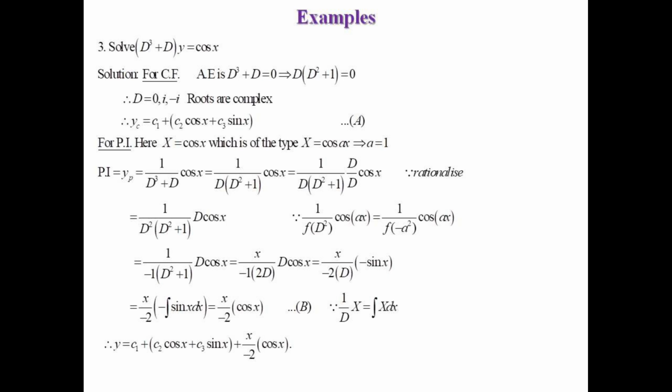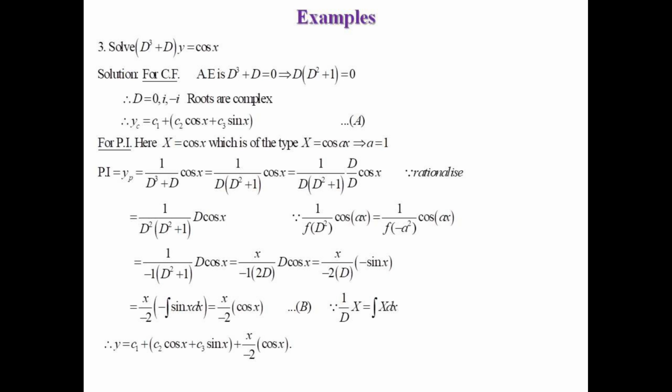Then again, if we apply the formula for the particular integral, that means we replace d square by a square with minus sign, then write down 1 upon f of d, which is d cube plus d, into cos x. Now here the first term is d cube, so we may apply the factorization concept which is available in the complementary function. So we can write this as d into (d square plus 1), so that we get the d square term and we can apply the formula.